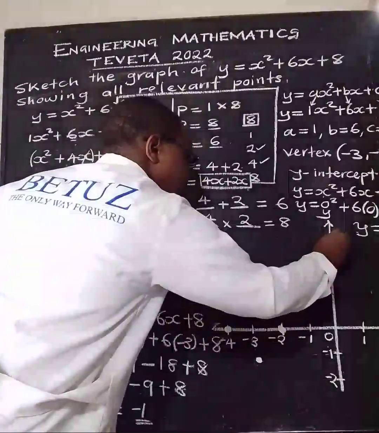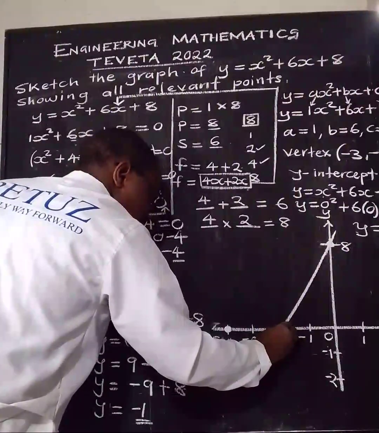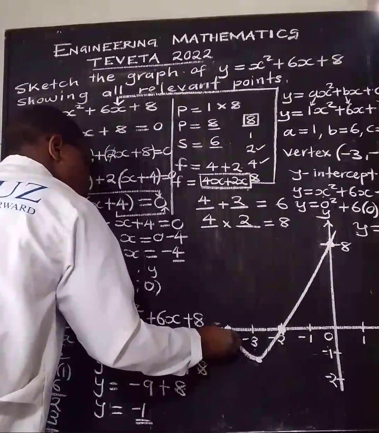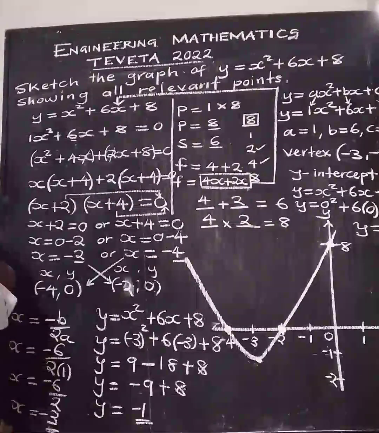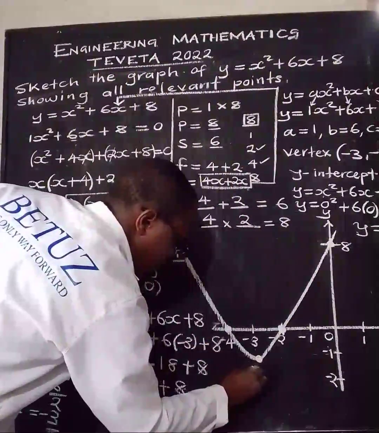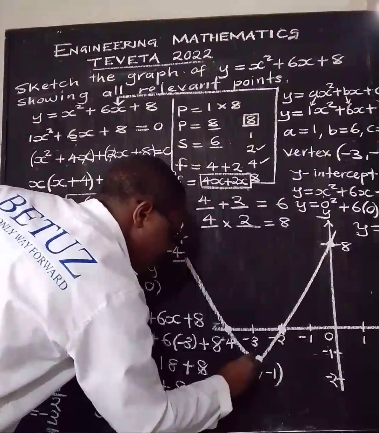So we can come up with the graph nicely. This is our graph, guys. This is the vertex where we have -3, -1.